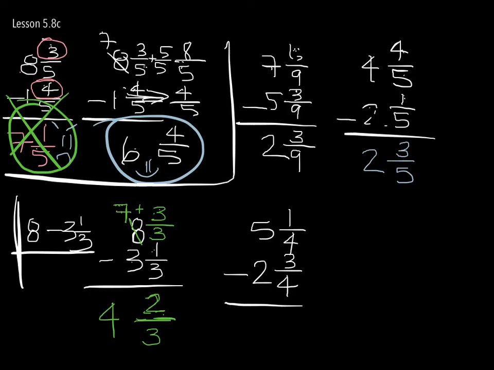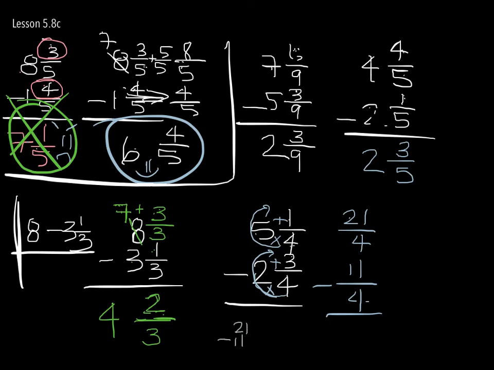So I make my half circle, add my multiplication, addition, multiplication, addition. 4 times 5 is 20, plus 1, 21 fourths. And we're going to have 4 times 2 is 8, plus 3, 11 fourths. And we're going to subtract. Now, 21 is greater than 11, so I can subtract that. 21 minus 11, 0, 1. That looks right.